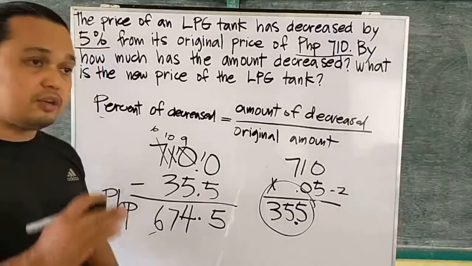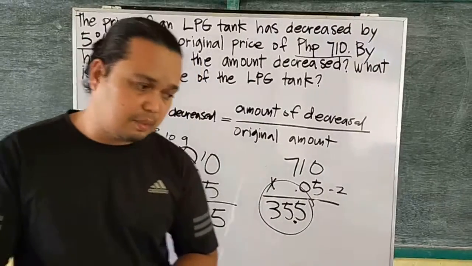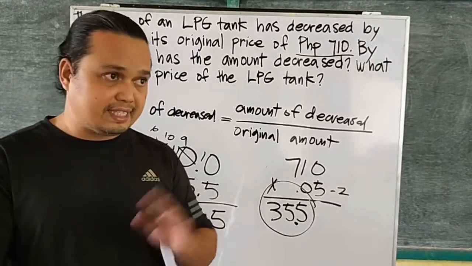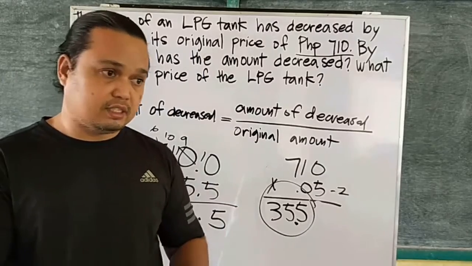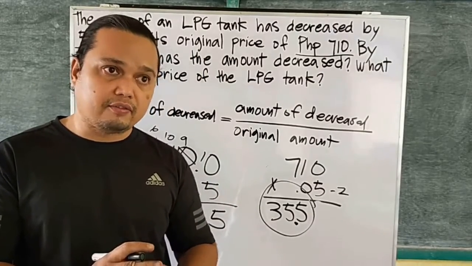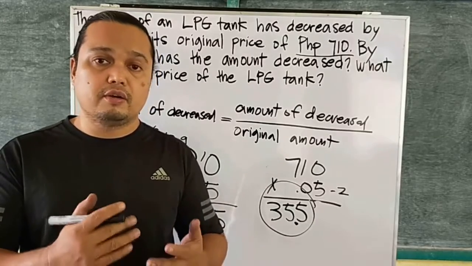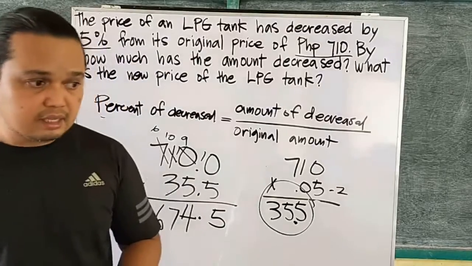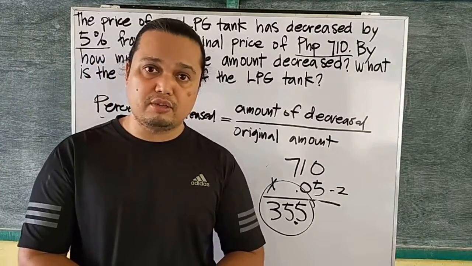That's how you get the percent of change, whether it is the percent of increase or percent of decrease. And from the formula, we can derive further formulas. So that's it for today. Thank you for your time and see you next lesson.